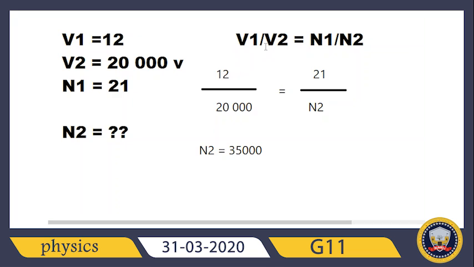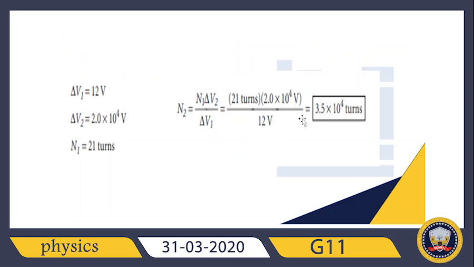V1, 12, divided by V2, 2 times 10 to the power 4 or 20,000, equals N1, 21, divided by the unknown. So N2 equals 35,000, or 3.5 times 10 to the power 4, the same. So the answer here is 3.5 times 10 to the power 4 turns.